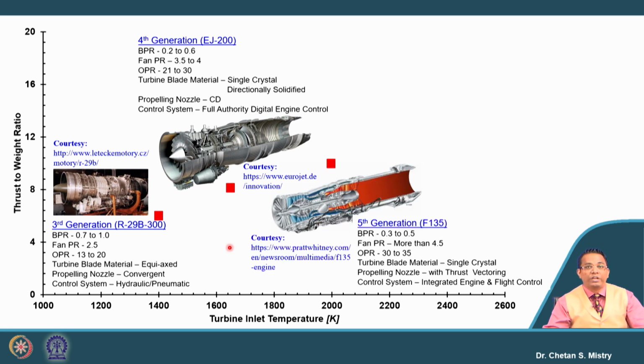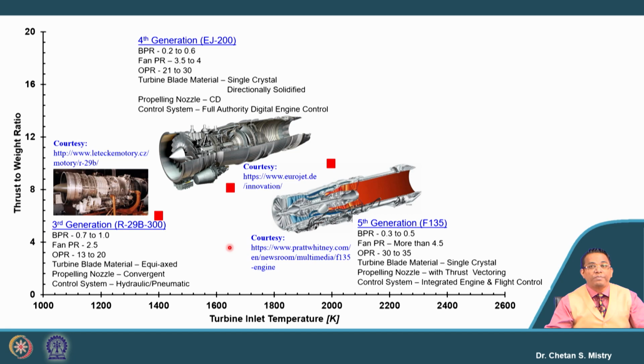Next we have the fifth generation, say the recent engine F135, or the F-35 fighter, which comes under this category, where the bypass ratio has been further reduced to 0.3 to 0.5. Fan pressure ratio is moving to the higher side, more than 4.5. Overall pressure ratio is also higher.